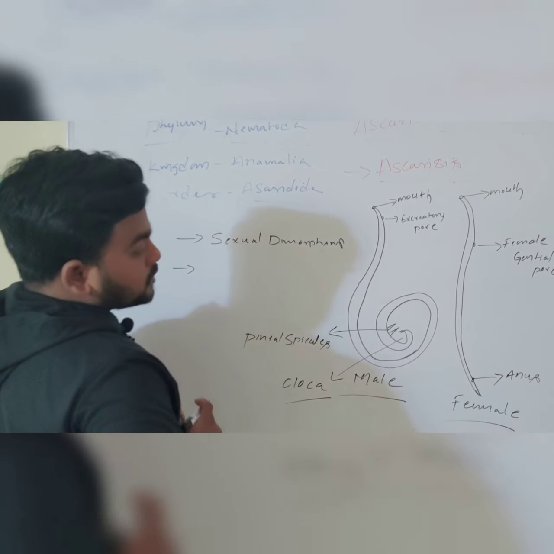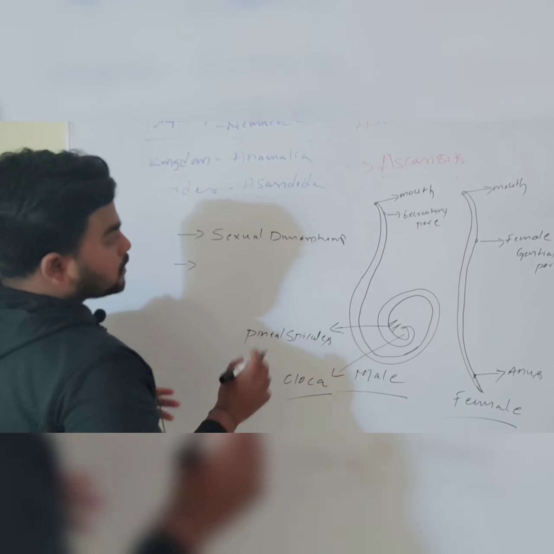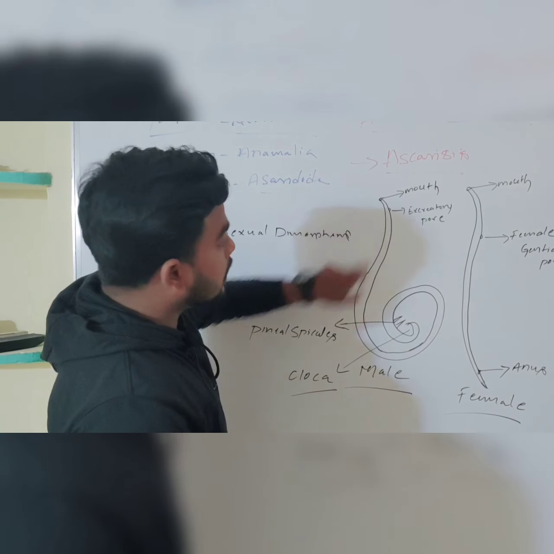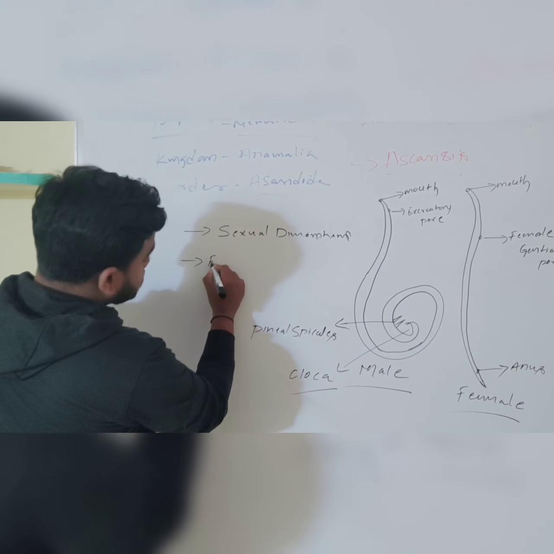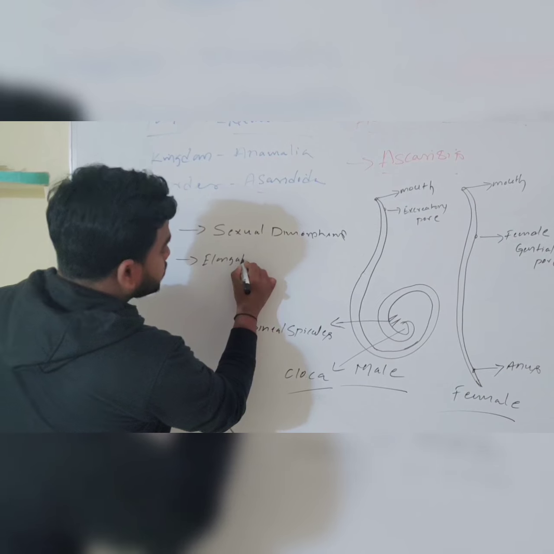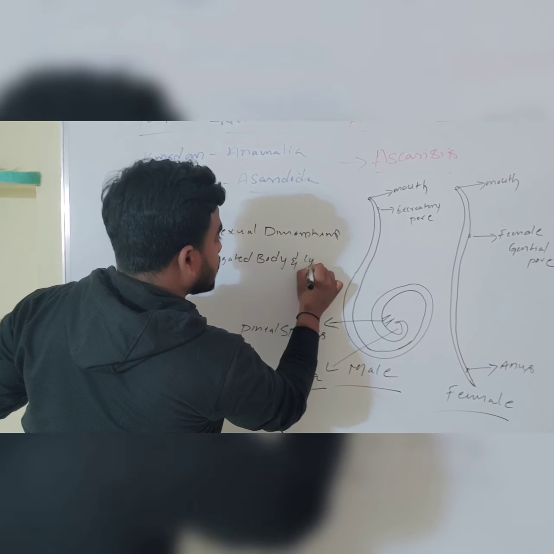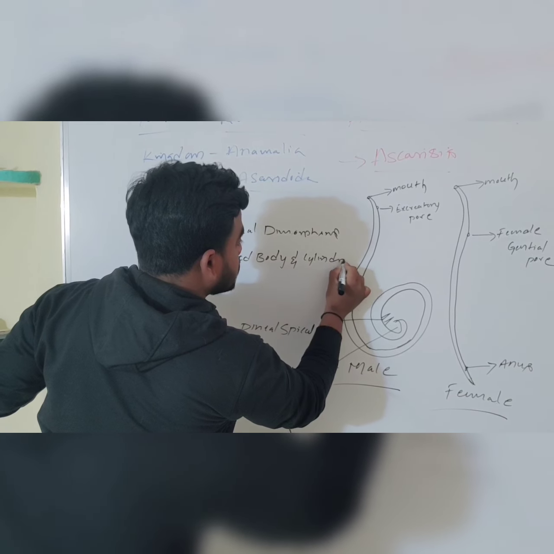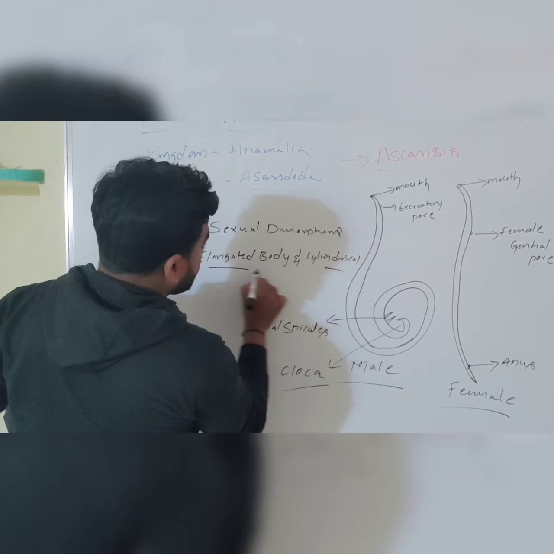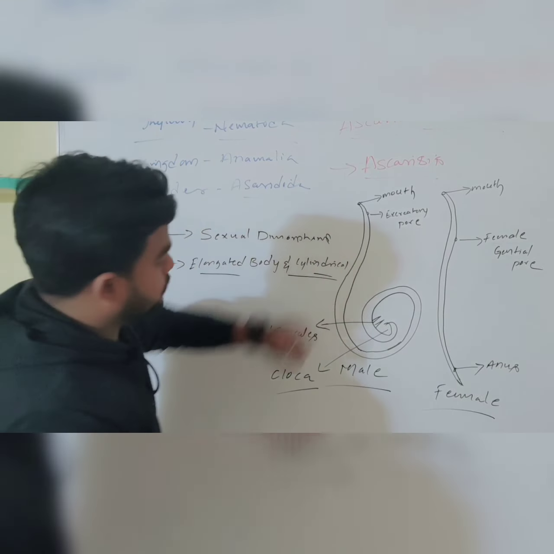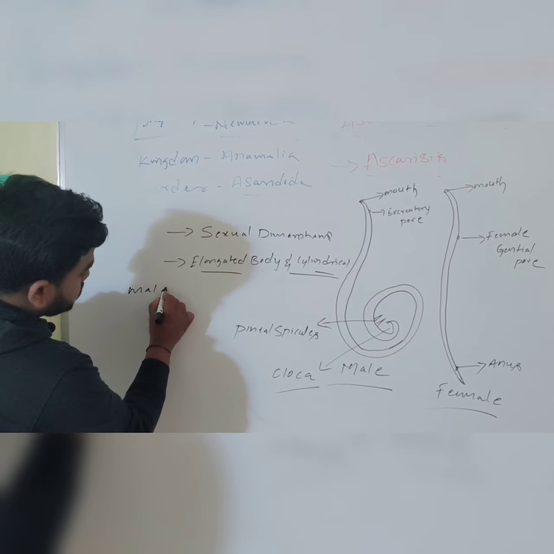Here we go with the structure and shape of Ascaris. You can see it consists of an elongated and cylindrical body. Now the male body structure.